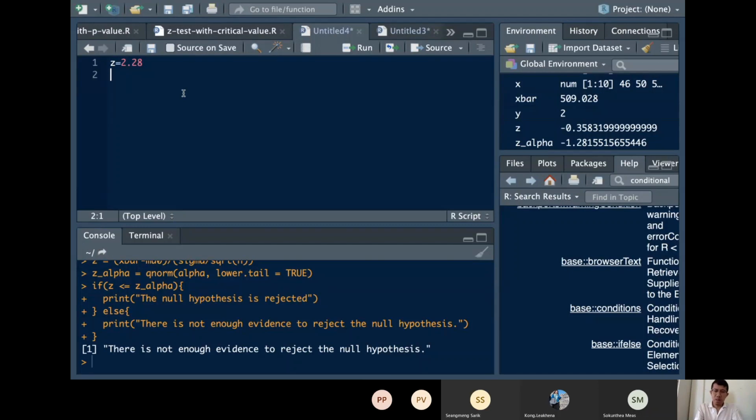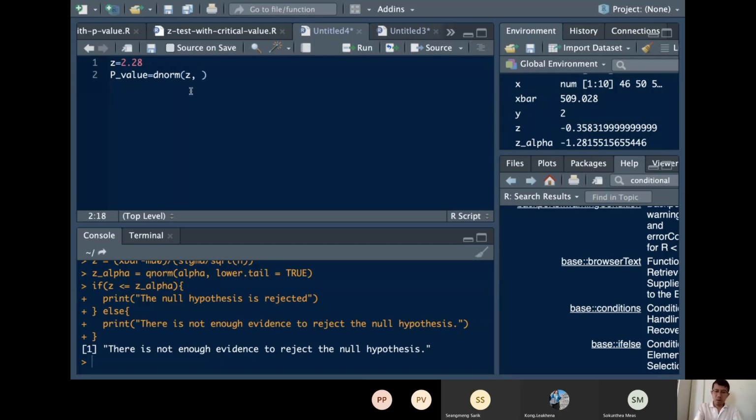I denote it by p.value. It equals pnorm, okay, maybe dnorm, pnorm of z.